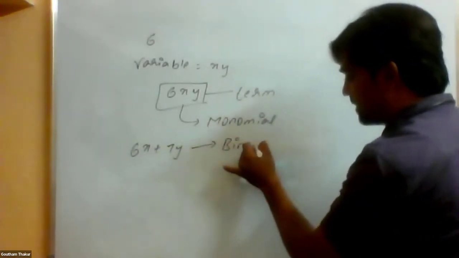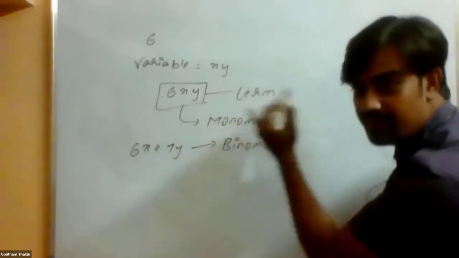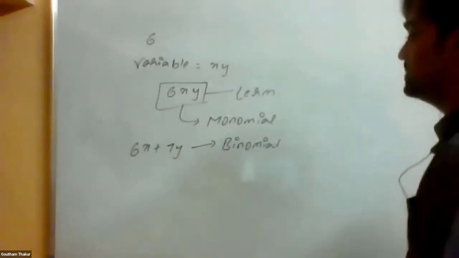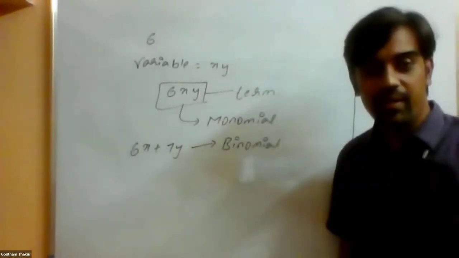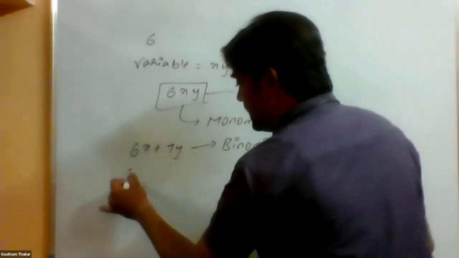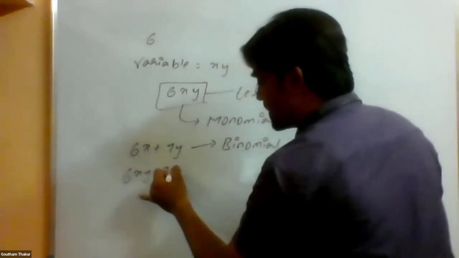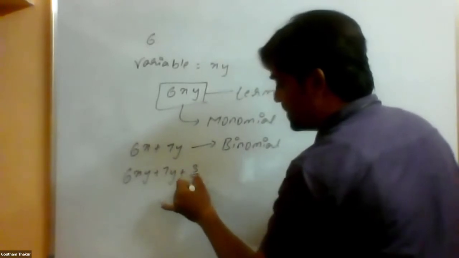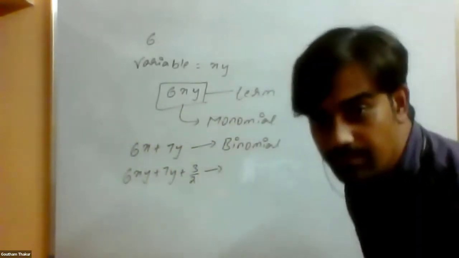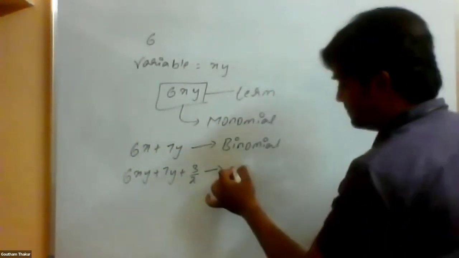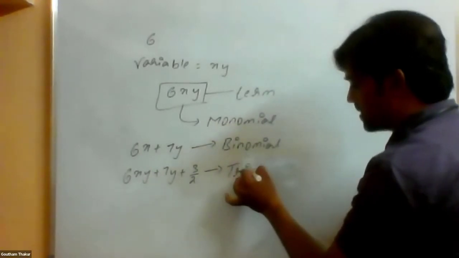I think a few of the kids are really smart. Perfect, binomial. And three terms, trinomial, perfect.